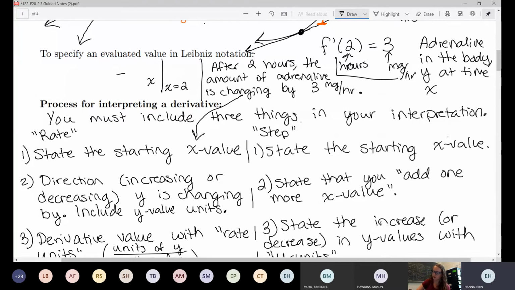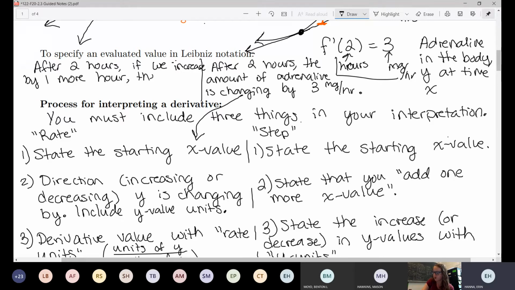I'm going to erase this and rewrite it really quick before I move on. But I could also write the exact same thing by saying after 2 hours, if we increase by 1 more hour, which is poor phrasing, but I'm just trying to get the point across, the amount of adrenaline will increase by, abbreviating because I'm running out of space, 3 milligrams.